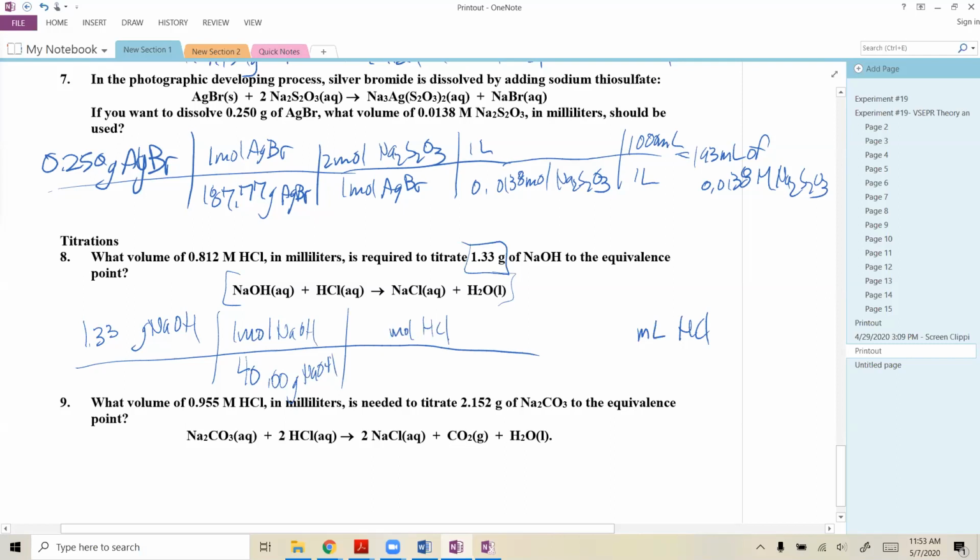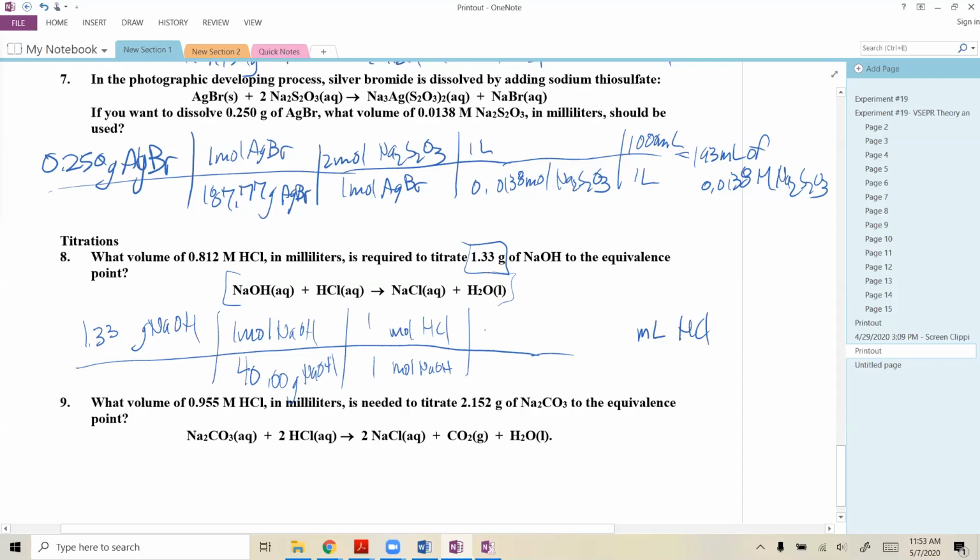How do we move it to our HCl? From the equation, the molar ratio. And so what's the ratio for our HCl to our sodium hydroxide? 1-to-1, very good. And so once we have that in moles, how are we going to get that into a volume for our HCl?